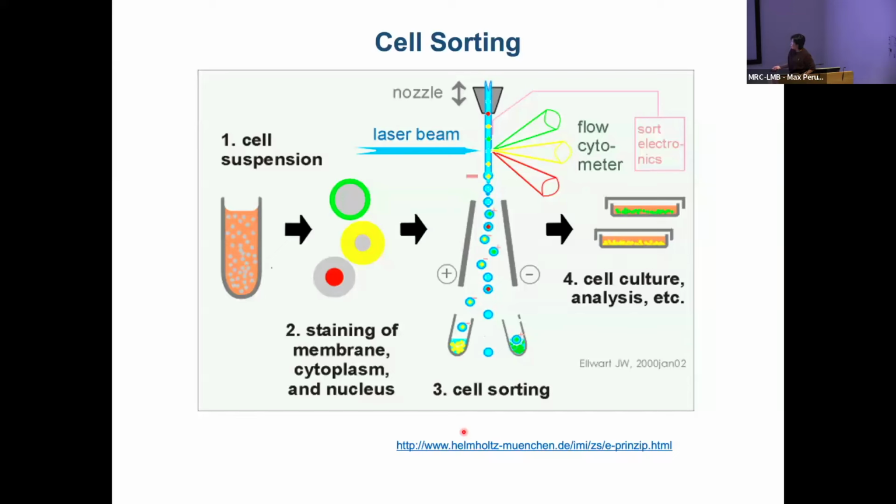So basically, if you stain your cells with different fluorophores and apply them onto a cell sorter, the population of interest can be sorted electrostatically and collected into a collection tube. This population can be subject to further analysis.